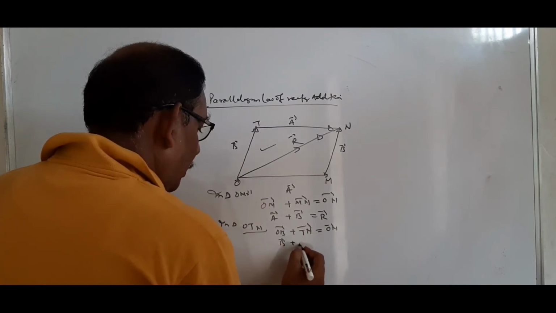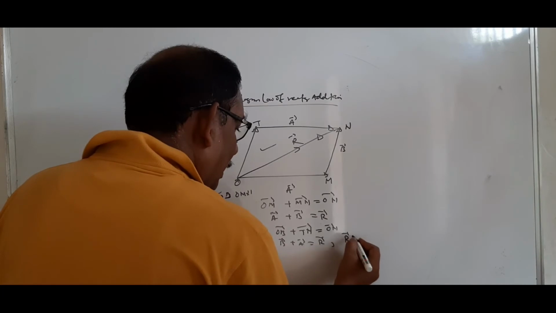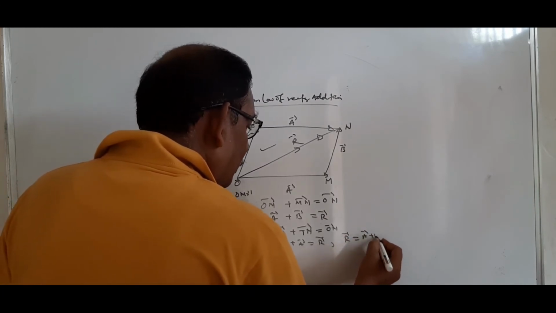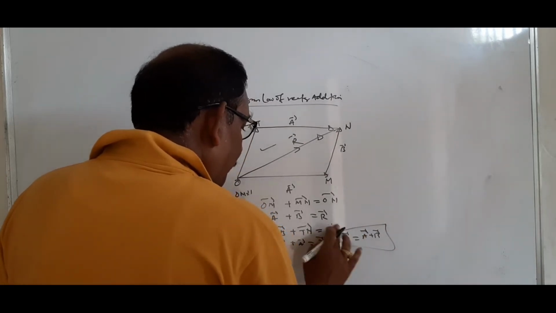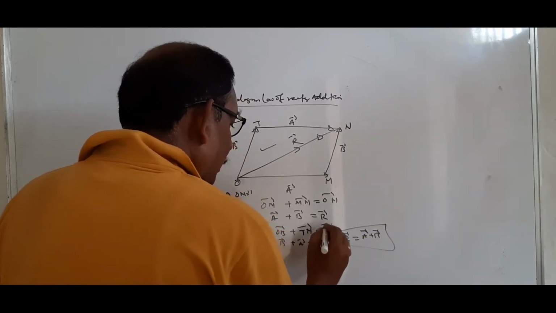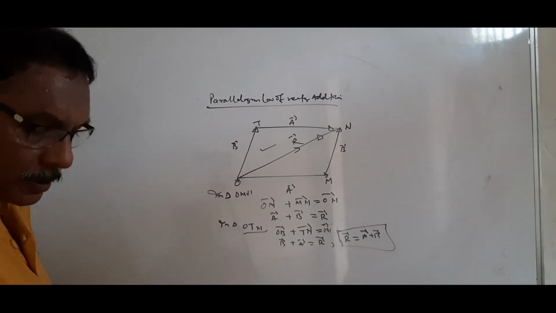So B plus A is equal to R, or simply R is equal to A plus B. Either one. So this is the vector addition by using the triangle law of vector addition and the parallelogram law of vector addition.